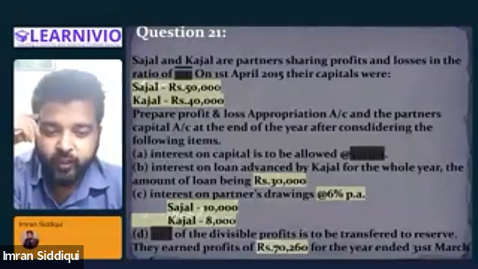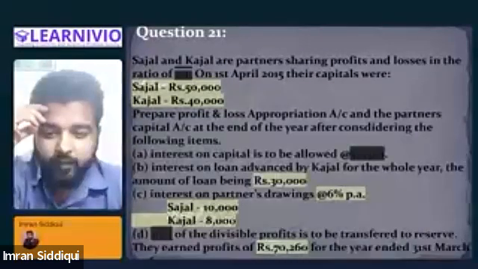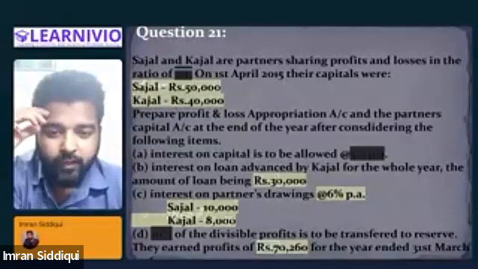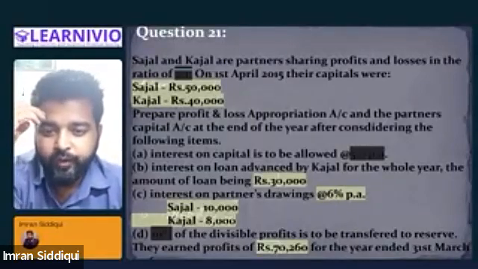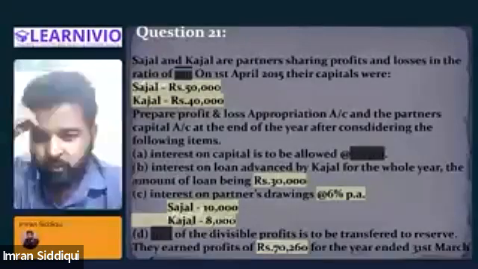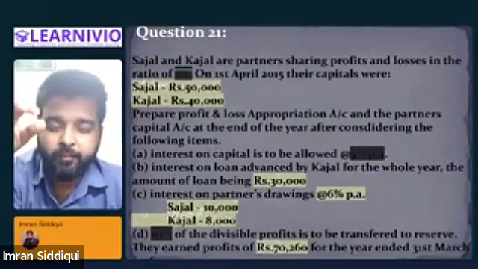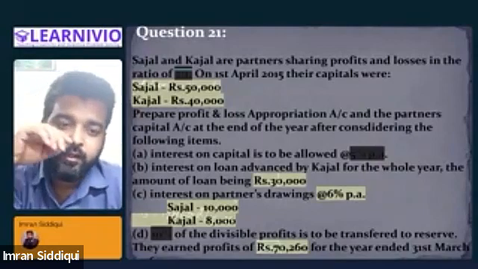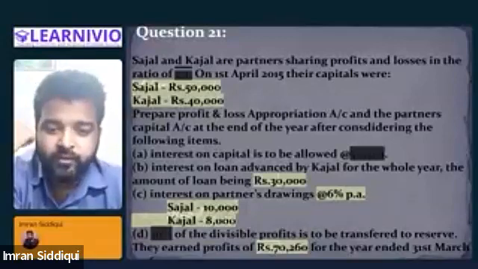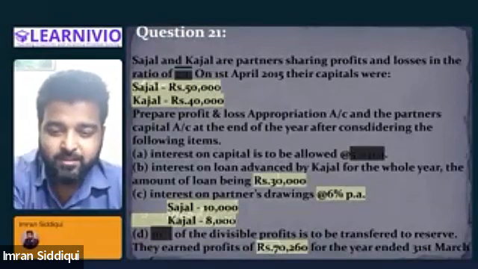You need to prepare the profit and loss appropriation account and the partners' capital account at the end of the year after considering the following items. Until now, what is given in the question? The question is telling us about the capital contribution of both the partners, which is 50,000 and 40,000. Their profit sharing ratio is also given. The question further says that we need to prepare the P&L appropriation account after considering all the adjustments given in the question.